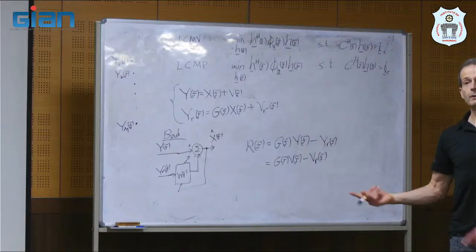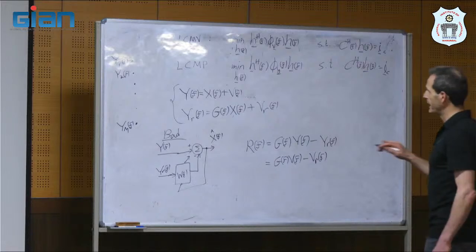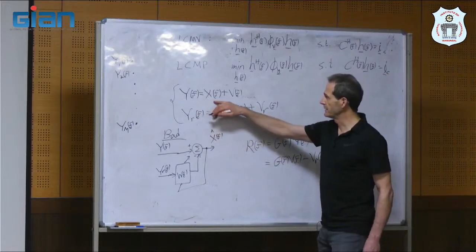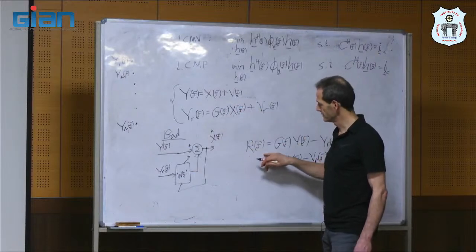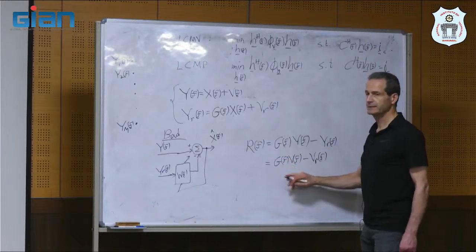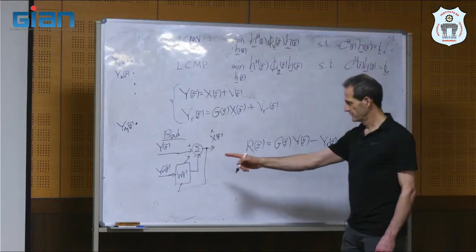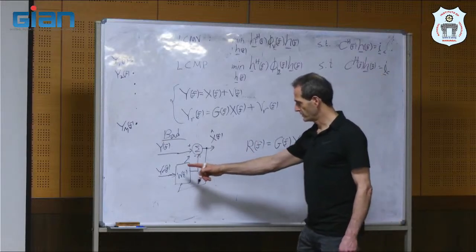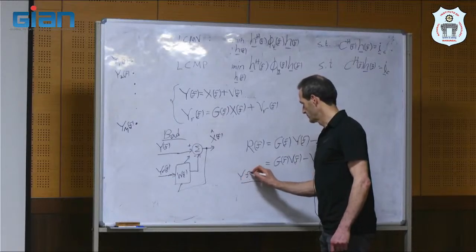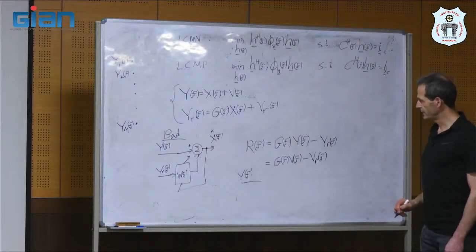So now we're back to the previous problem, that we have two channels. Now we can use Y and R. So we can use the main channel plus a reference channel that contains no desired signal at all, only noise. And then we can find the solution, but instead of YR, we will use R. So how do we do that?